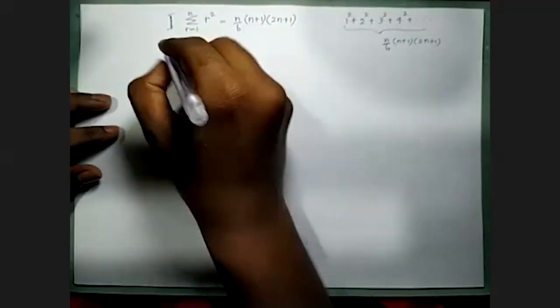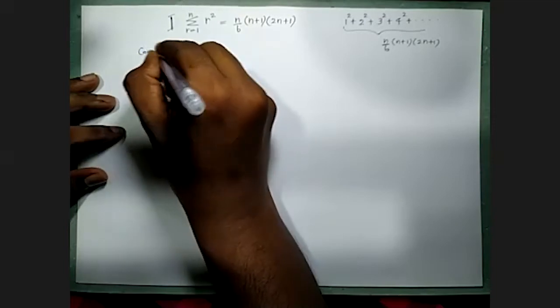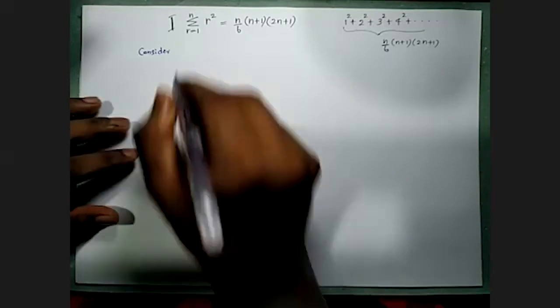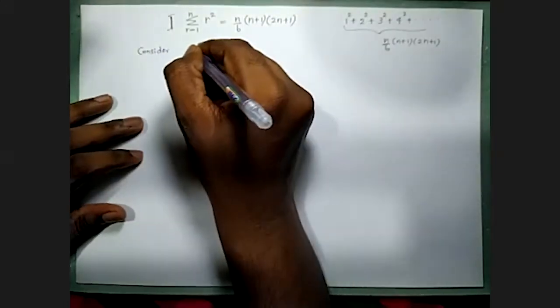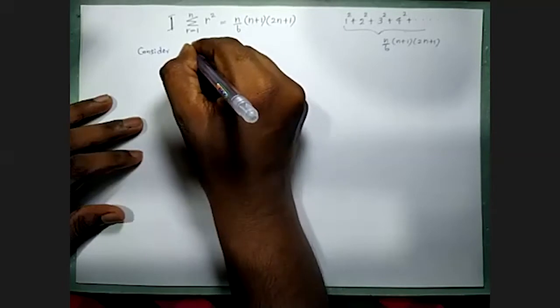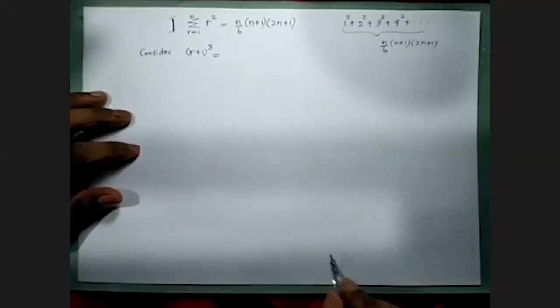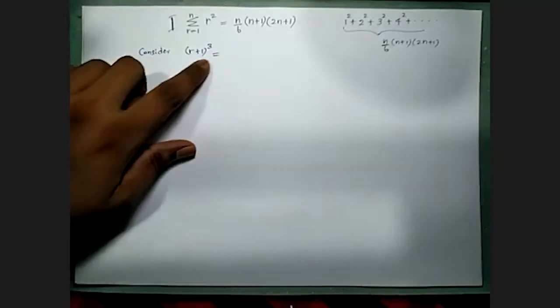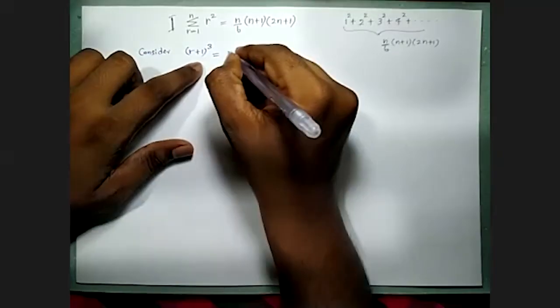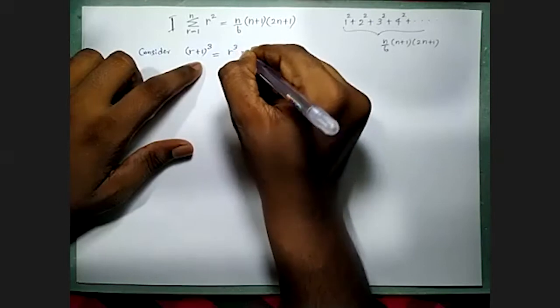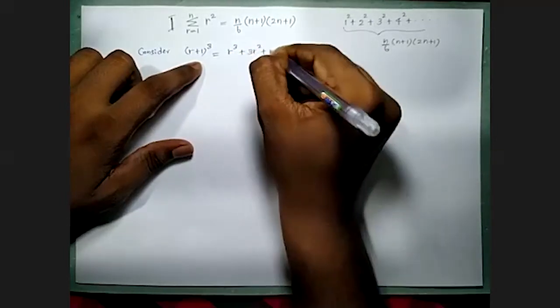Okay, then the proof. For the proof, we have to consider a similar equation like what we used in the previous theorem. In the earlier case, we used r plus 1 square. Here I have to use r plus 1 cube. You have to write the cubic expansion. What is the cubic expansion? r cube plus 3r square plus 3r plus 1.